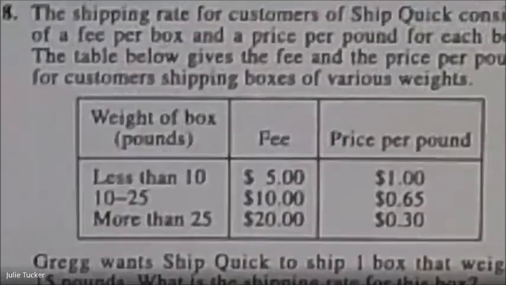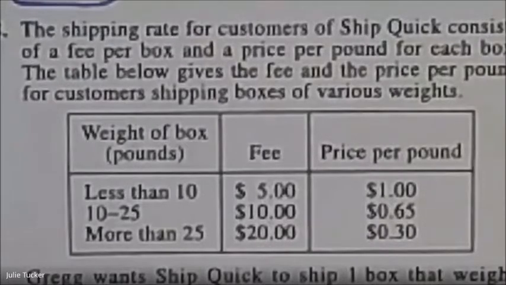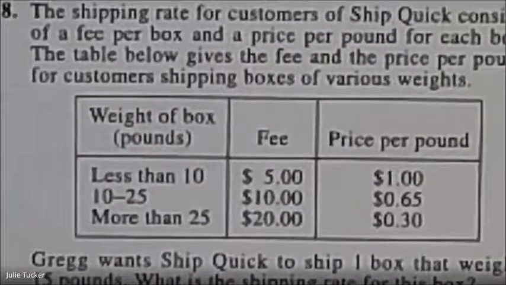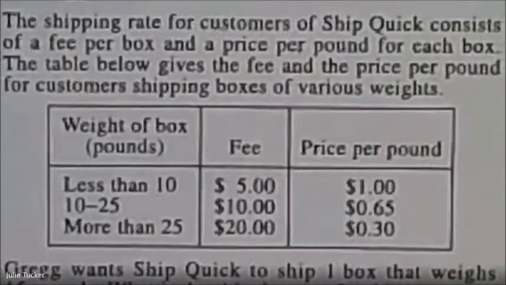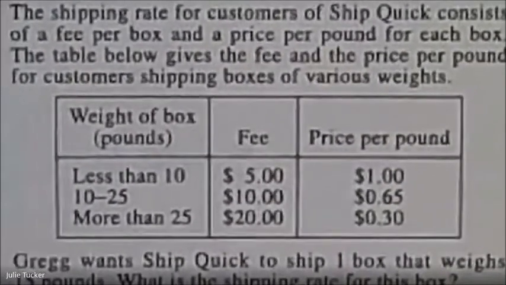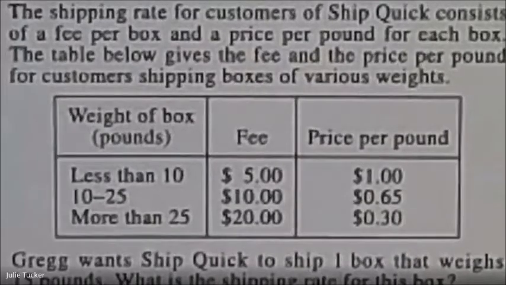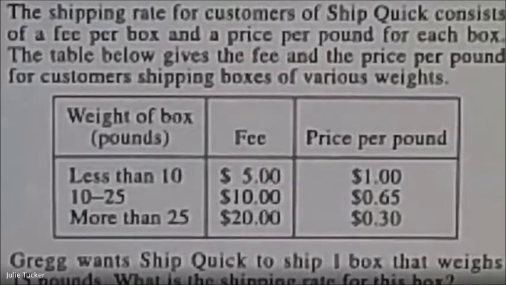All right, next question. The shipping rate for customers of Ship Quick consists of a fee per box and a price per pound for each box. The table below gives the fee and the price per pound for customers shipping boxes of various weights.